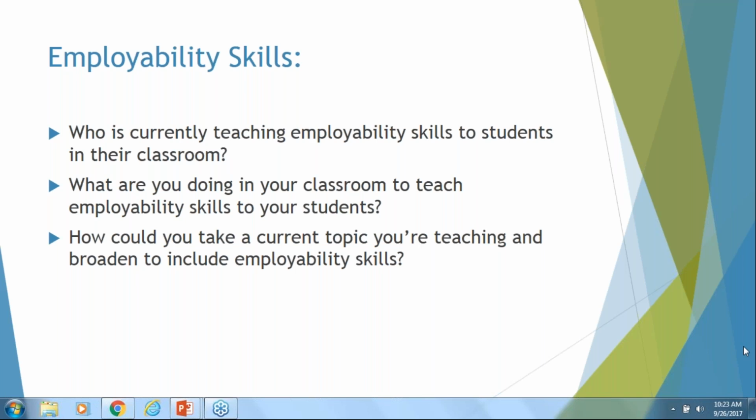Employability skills actually covers a wide gamut of skill sets that we need to be thinking about when we're working with our students and teaching employability skills. As personal skills, such as time management, showing up to work on time, being able to, while you're there, not talk on your phone, your personal dress and hygiene.